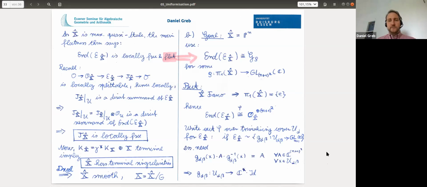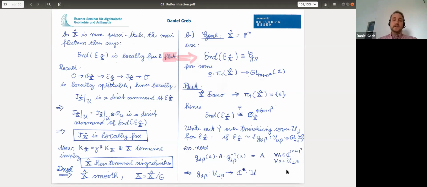Yeah, and so if you write this out, the existence of phi forces essentially, it's not true on the nose, that G alpha beta of x times A times G alpha beta inverse of x is A for all A, which are the linear endomorphisms, and for all x in the intersection of U alpha and U beta.